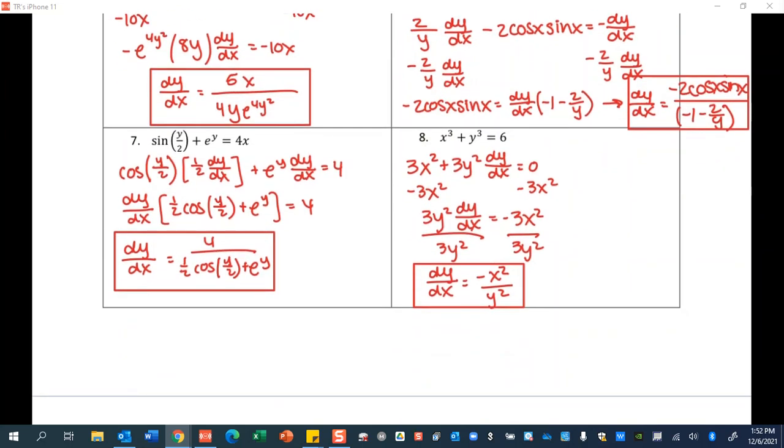So 7 and 8, the derivative of sine is cosine. Little chain rule happening there. And then e to the y, don't forget your dy/dx. And these are the fun ones. These are when I have two dy/dx's, and that's always going to be a part of factoring.